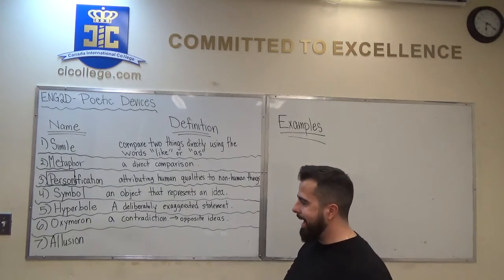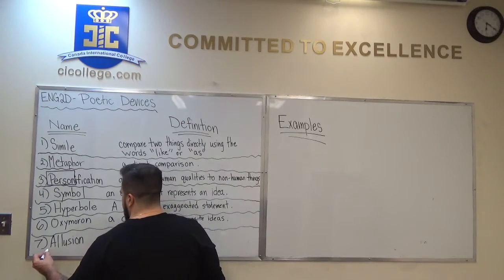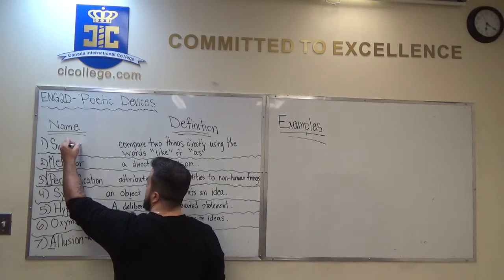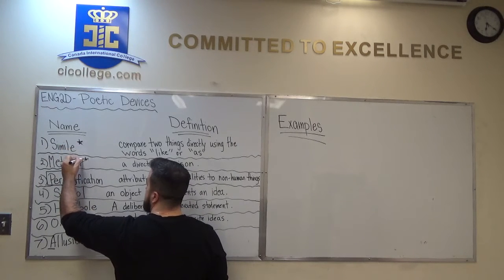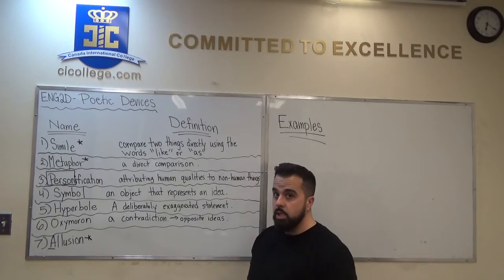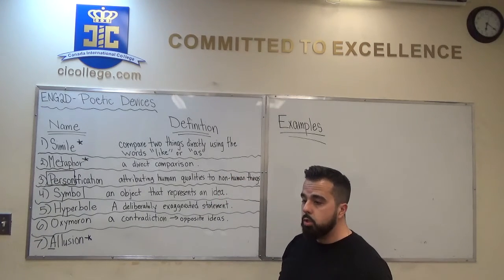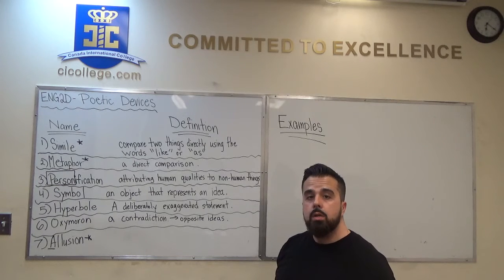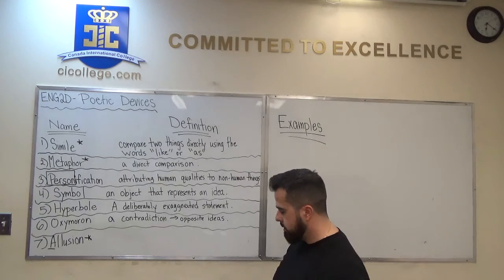Not illusion, allusion. Allusion is very similar to a metaphor or a simile. However, when you compare something using an allusion, you're comparing it to something famous or historical, something that many people already know about.